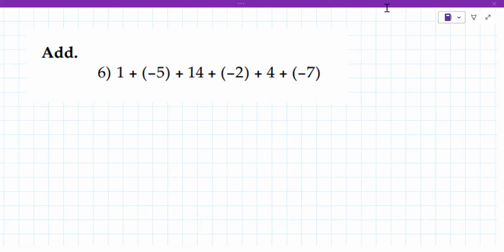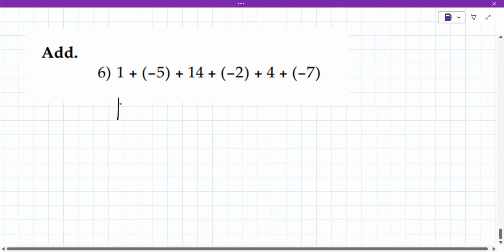So I know you do the parentheses first. It's true, but these are actually not needed because you're just adding and subtracting. You can think of this as 1 plus -5 without the parentheses. Okay. Plus -2 without the parentheses. Plus -7.